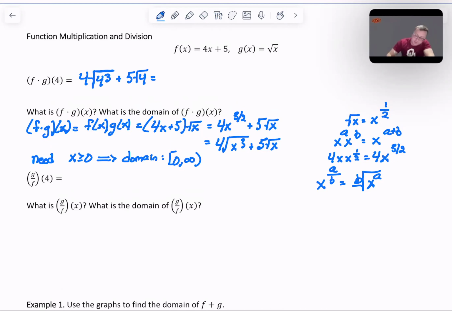So this is 4 times the square root of 64 plus 5 times the square root of 4, which is just 2. So when I do 5 times 2, this becomes 10. But 4 times the square root of 64 is just 4 times 8, or 32. So this is 32 plus 10, or 42.